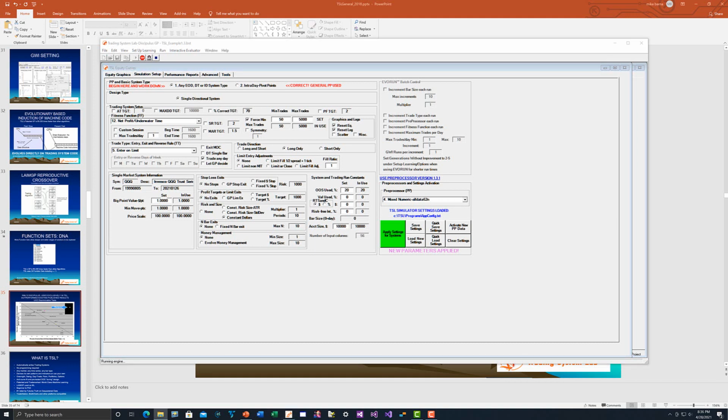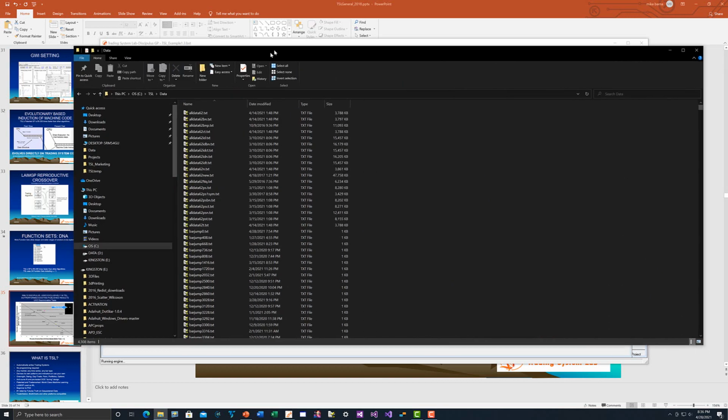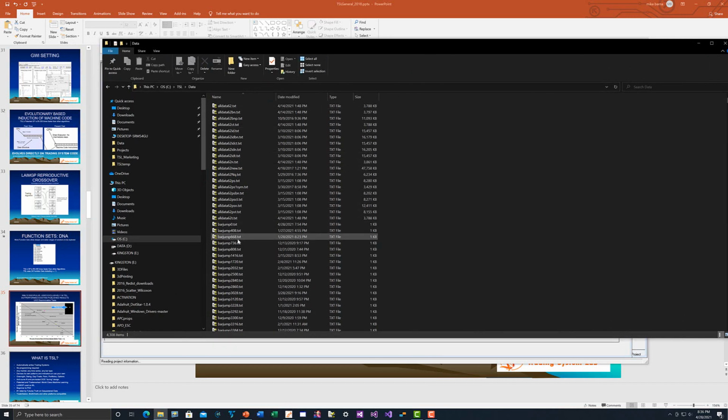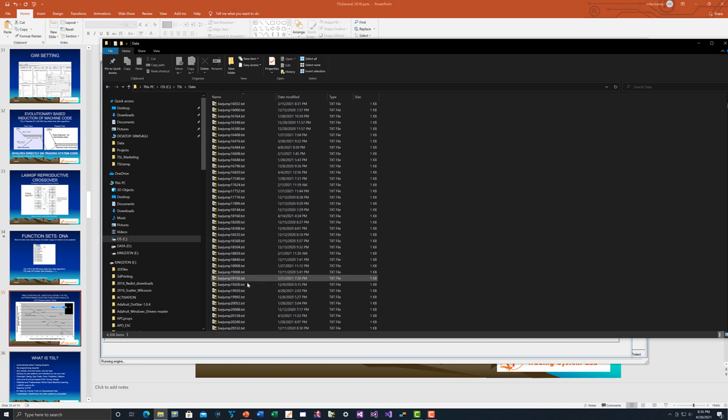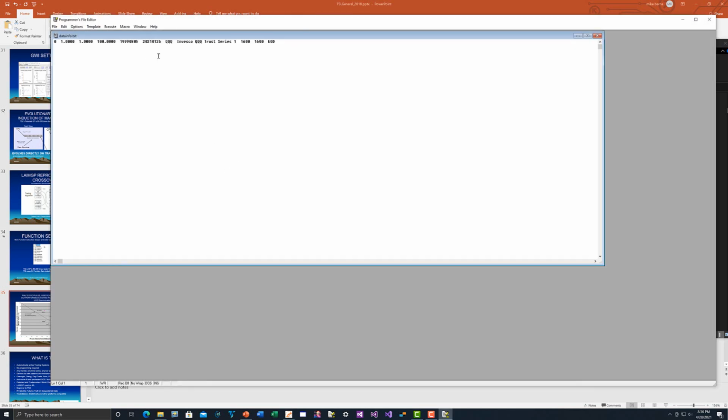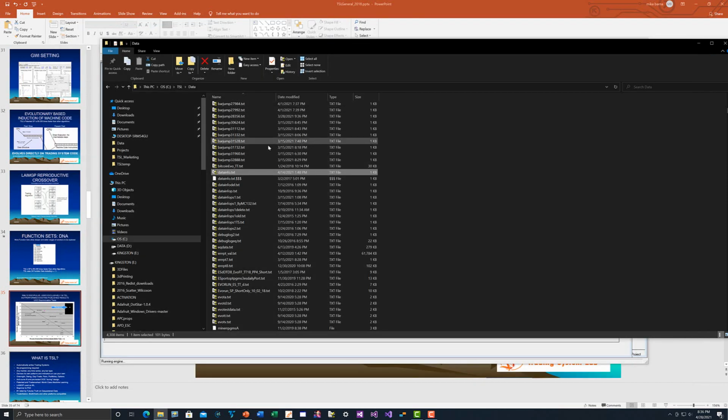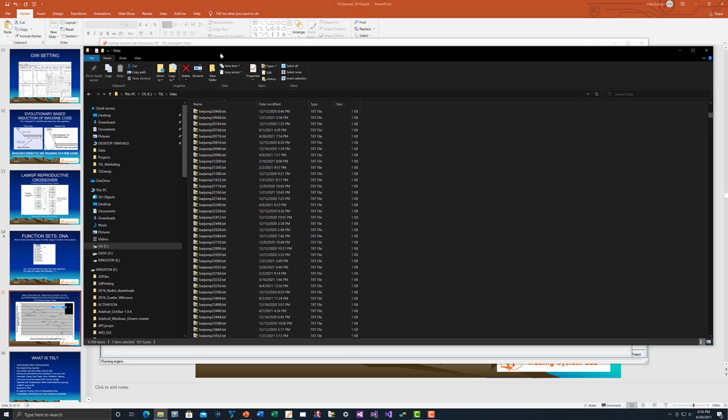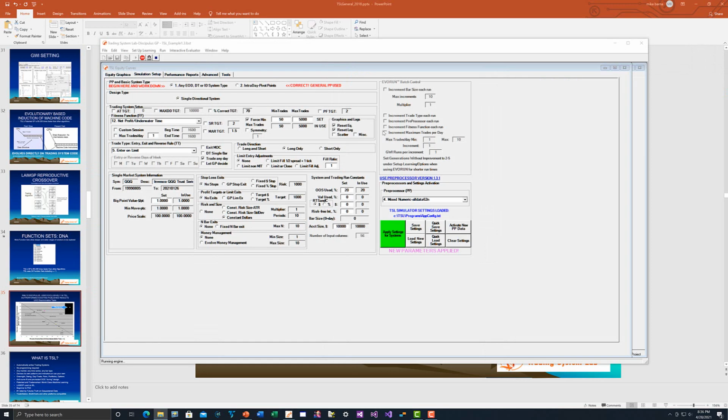Many of the files in Trading System Lab in the data folder are text readable. So they're shown in the GUI of Trading System Lab, but they're also text readable by any text editor that you want to use. Just click on the text file, and here it is. Here's the data info file. Very simple data info file. And there's lots of other text readable files in the TSL data folder.